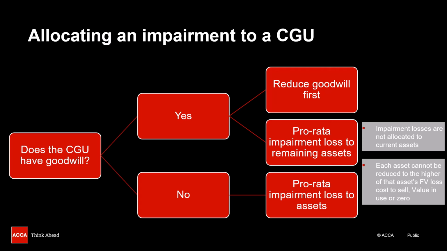Thereafter, the remaining impairment loss should be allocated pro rata to the remaining assets. If a CGU does not contain goodwill, then the impairment loss is simply allocated pro rata to the assets within the CGU. However, it should be noted each asset cannot be reduced below the higher of the asset's fair value less cost to sell, value in use, or zero.